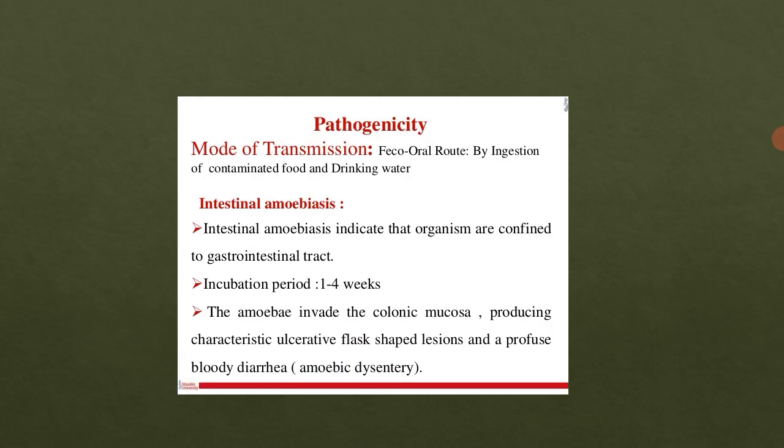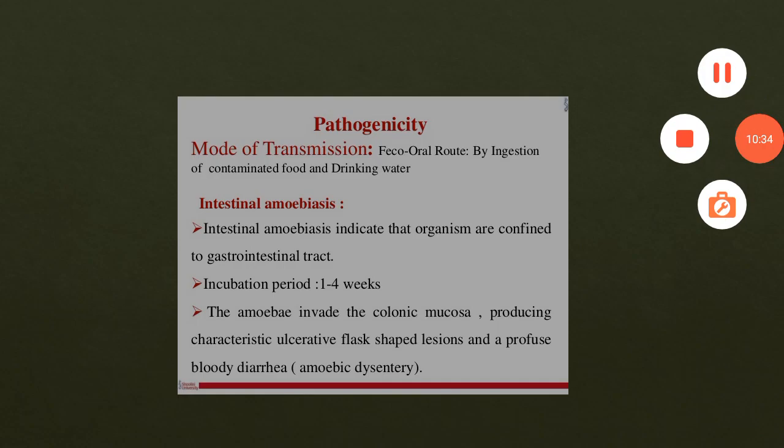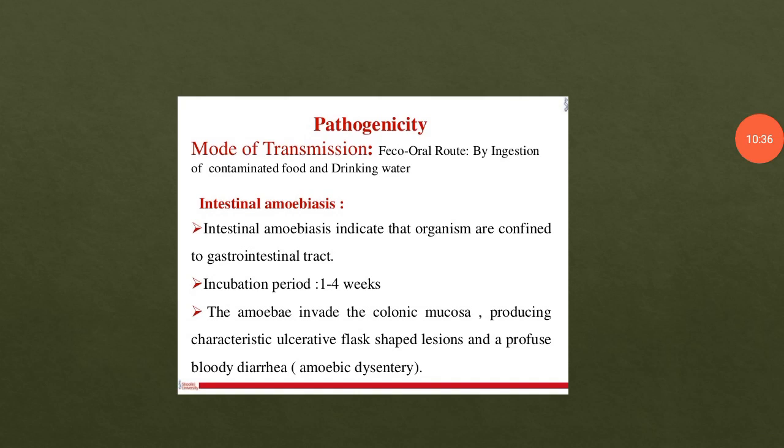Then we will study the pathogenicity. In the pathogenicity, what is the mode of transmission? The mode of transmission is the fecal oral route, right? Just now we studied that the cyst is excluded from stool.